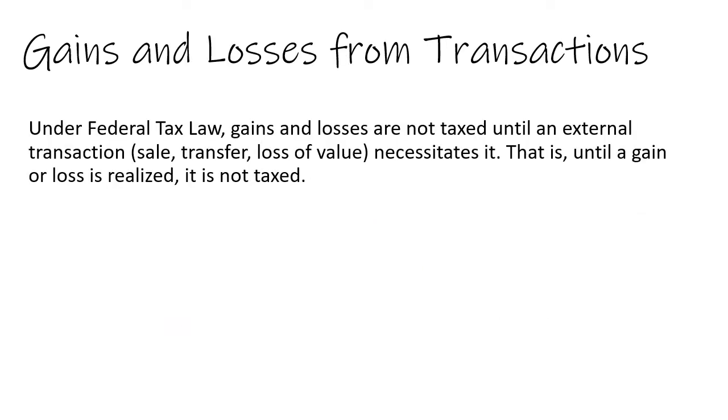We know from our prior studies that the tax code doesn't report a gain or a loss until a transaction occurs that necessitates reporting that gain or loss. And what do I mean by that? Let's think about our stocks.